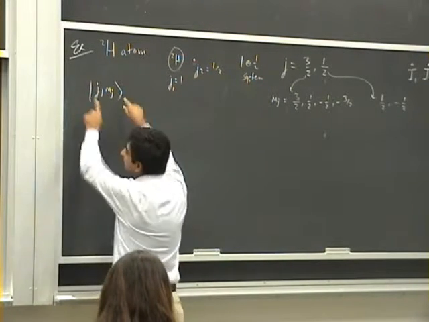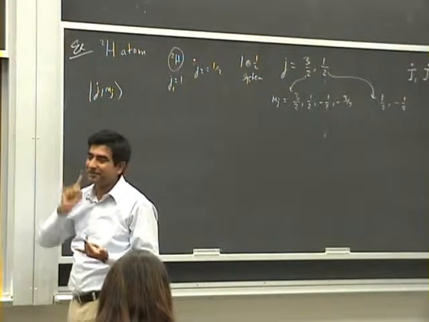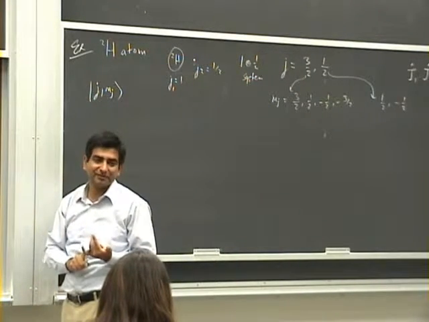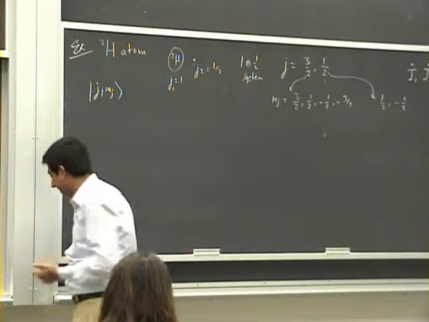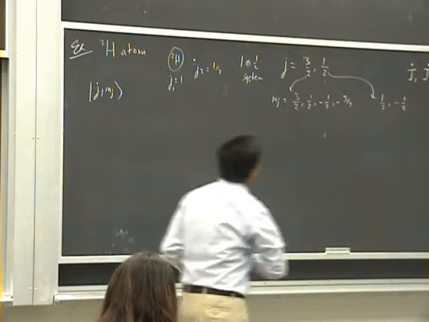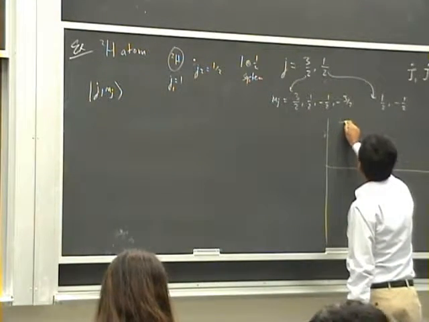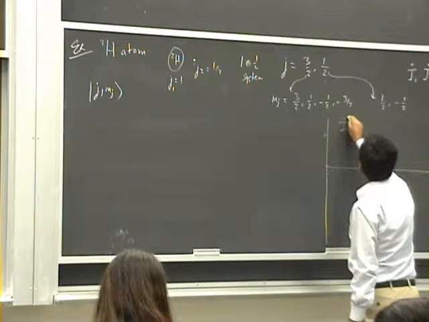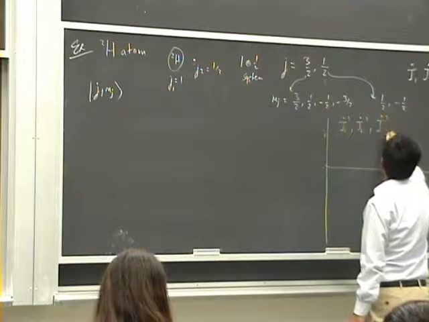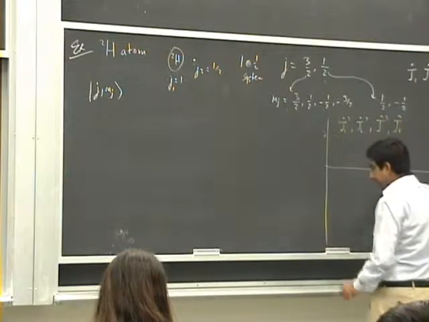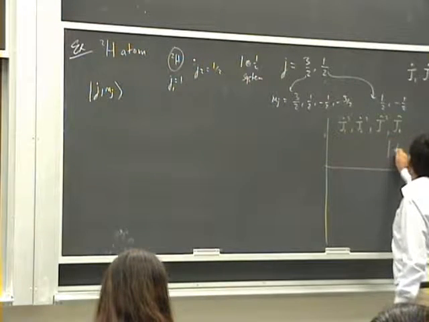And these are eigenstates of J squared, Jz, J1 squared and J2 squared. Let me write this down. If I have observables J1 squared, J2 squared, J squared and Jz, then their mutual eigenstates are denoted by J and Mj.